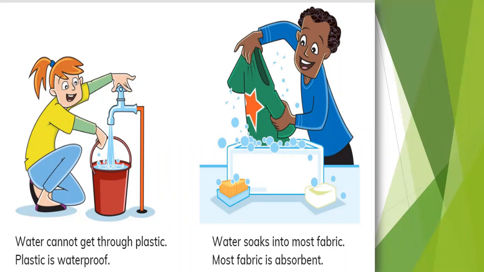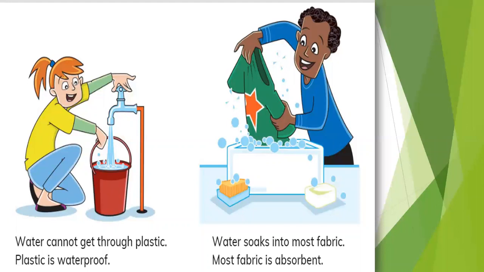So we cannot make clothes of plastic. So we are using fabric to make our clothes. And when we want to make a bucket, we need a plastic bucket because plastic is waterproof and it is light. We can easily carry water in the bucket.